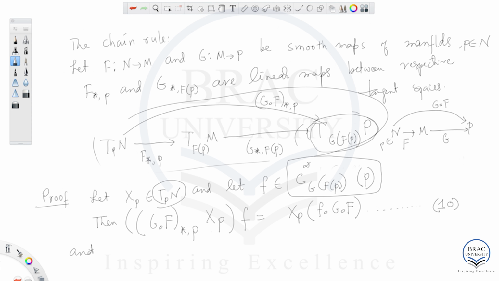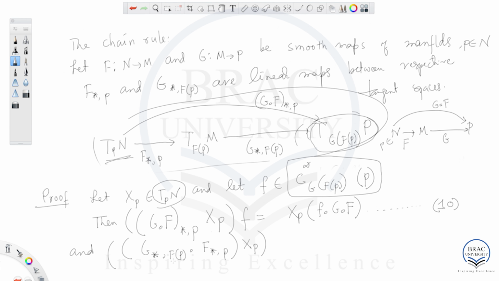Then we have g star comma f of p composed with f star comma p acting on x sub p. What is the domain of this composition?